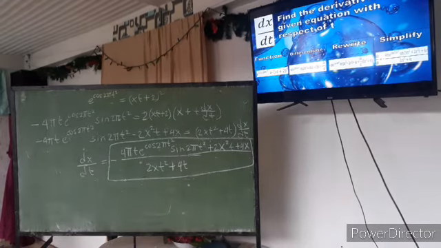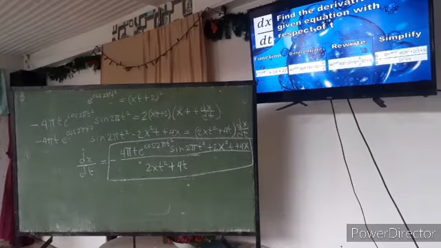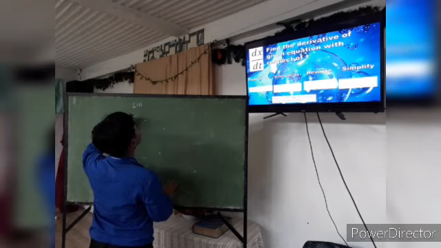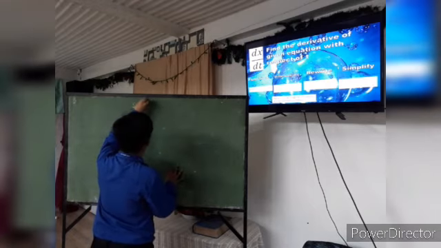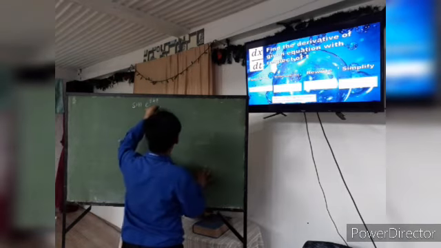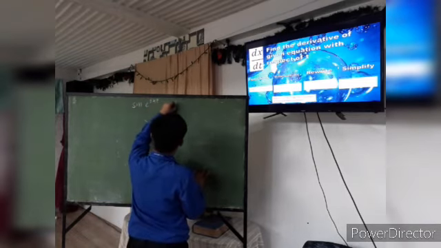Tapos, isa pang example. Sine of e raised to imaginary number x of t equals to x squared of t.